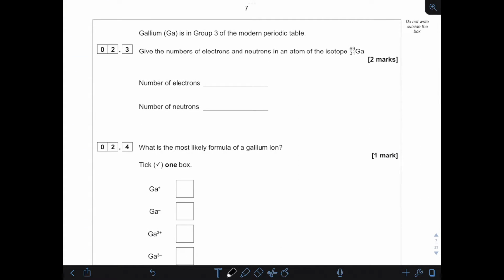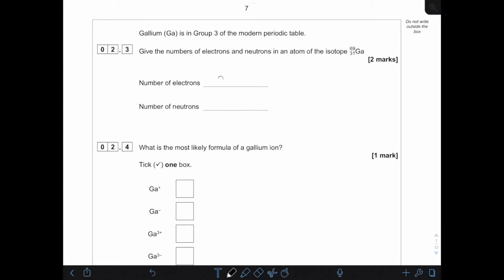Gallium is group 3, so give the number of electrons and neutrons in the isotope of gallium-69. So remember, the top left number is the relative mass and the bottom left is the atomic number. Atomic number equals the number of protons. This is an atom, which means the number of protons equal to the number of electrons.